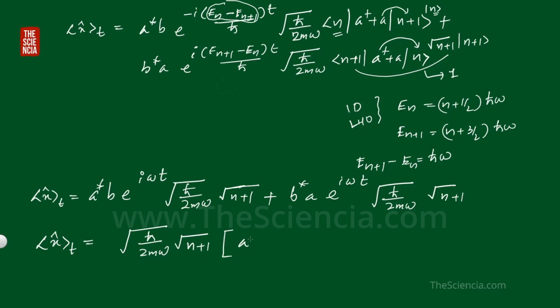into a star b e raised to minus i omega t plus b star a e raised to i omega t.